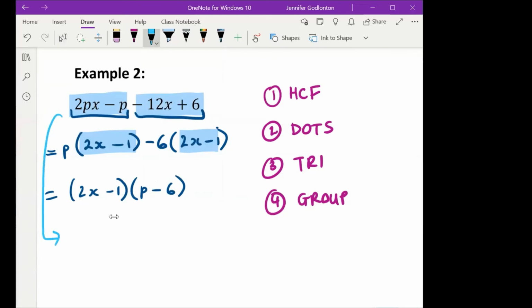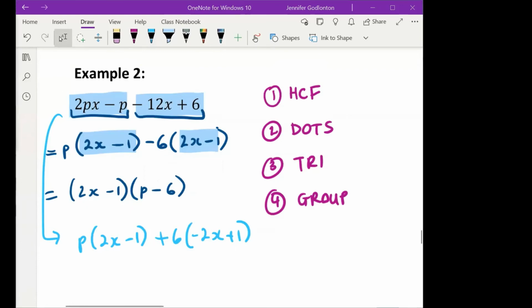Always check in your two brackets, especially if the one bracket is a minus and your other bracket's a plus. Then there's a high probability that the highest common factor you've taken out needs to be a negative. That should be like a little light bulb or red flag or whatever you want to call it. I just wanted to point that out.